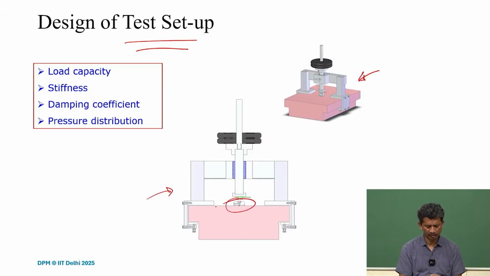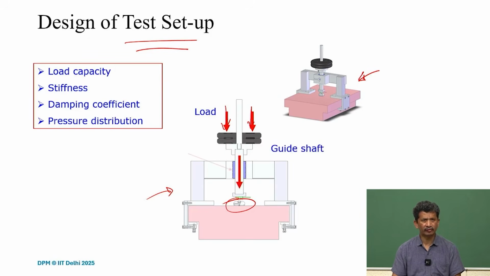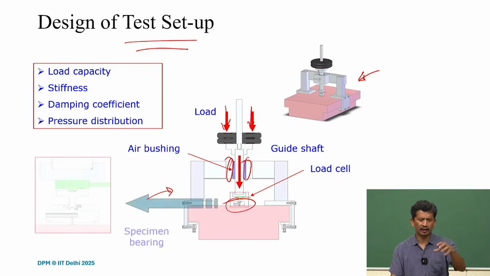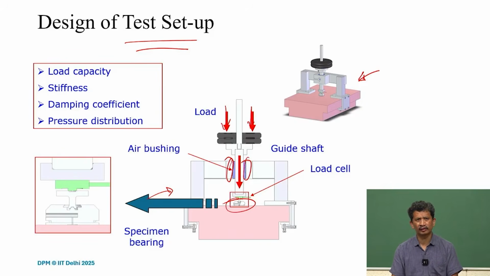Here we have the air bearing, and it's a press, so we simply apply the dead load here, and we can measure what the air gap is. Through the guide shaft, and on the sides just to support it, we have air bushings so that there is no friction acting. So the entire load is on the bearing itself.